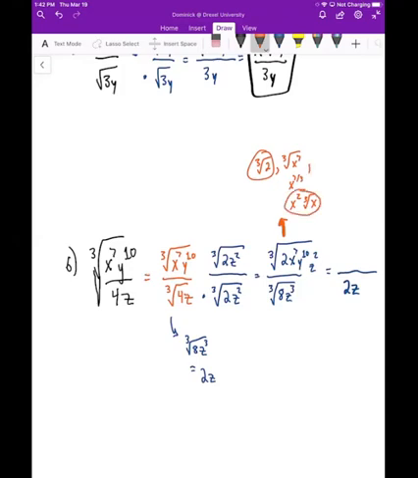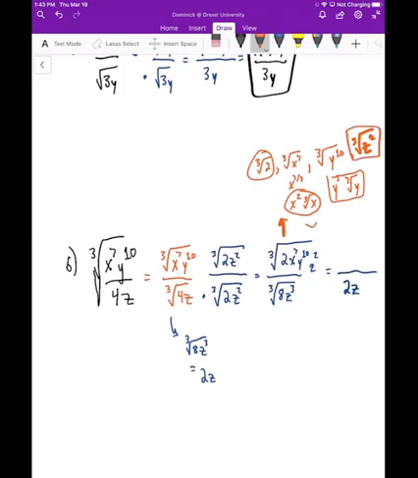The next one, of course, cube root of y to the 10th, we could write as 10 over 3, and that will allow us to say that this is y to the 3rd with 1 left over. And then the z squared, since again 2 is smaller than 3, we can't do anything with that, so that will be a cube root of z squared.